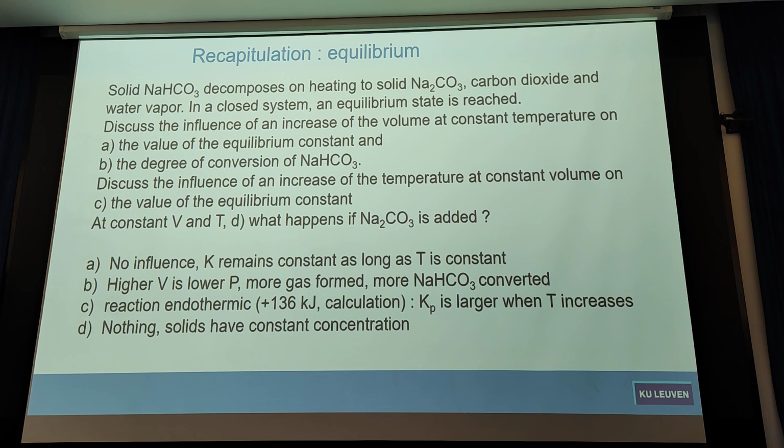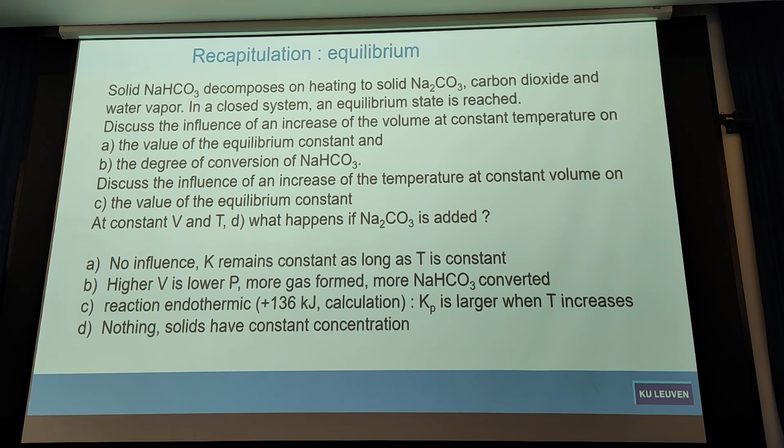So here we don't really need to do calculations. We will just ask a couple of questions. So we want to discuss the influence of an increase of the volume at constant temperature on the value of the equilibrium constant and on the degree of conversion of sodium hydrogen carbonate.